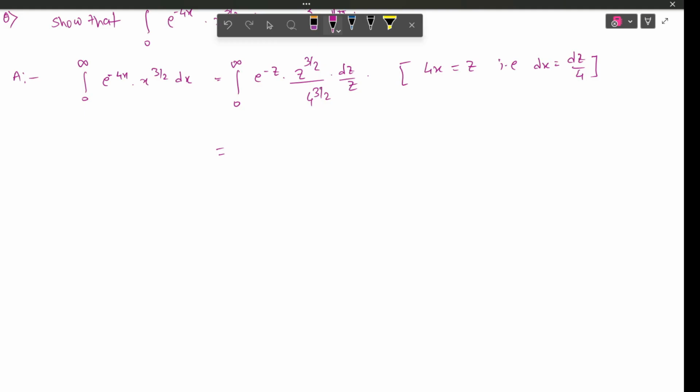From here we will get 2 cube, that is 8. So this should be 1 by 8, and this is dz by 4. 8 into 4 should be 32. So this should be 1 by 32, integration 0 to infinity e to the power minus z into z to the power 3 by 2 dz.